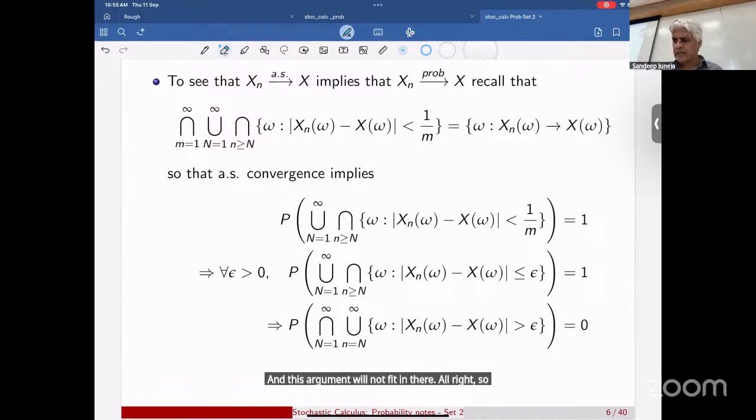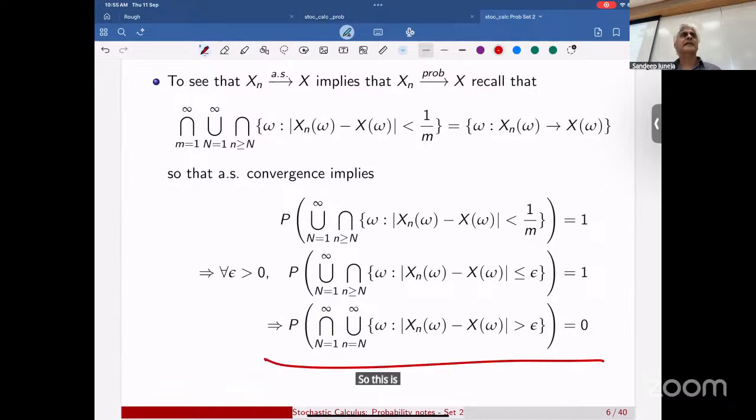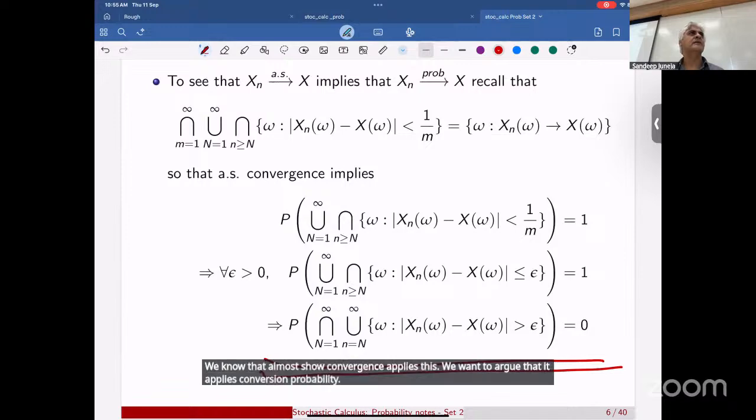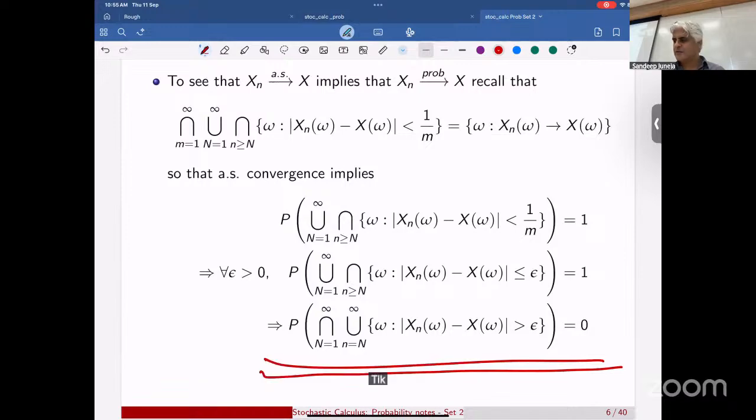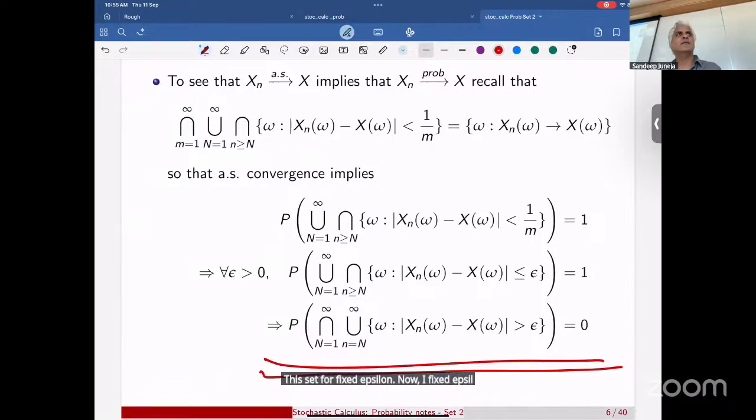All right, so we are at this point so far. Let's just take stock of where we are. We know that almost sure convergence implies this. We want to argue that it implies convergence in probability. You can't quite see it here, right? Because what is convergence in probability? It's just that for any given small n, this set for fixed epsilon... Now I fixed epsilon, so that's a good thing.